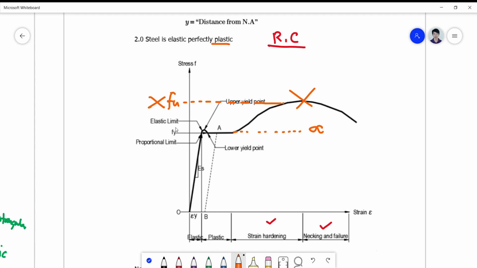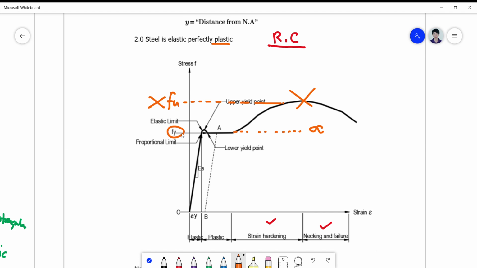That's why if Fs is greater than Fy, we only use Fy. And it is for the very reason that we want our member to behave as ductile as possible.